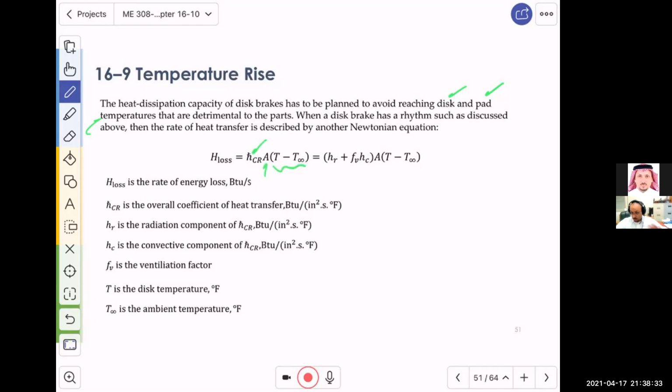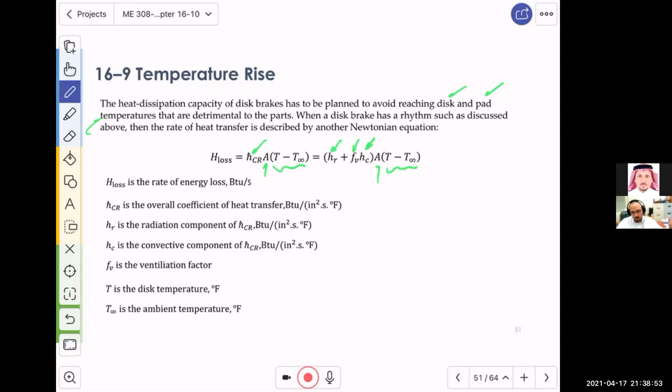This is the well-known heat transfer law. So here we elaborated more by expressing two constants, HR, HC, and FV, to help us dig more into the problem, multiplied by the area and then the temperature difference.